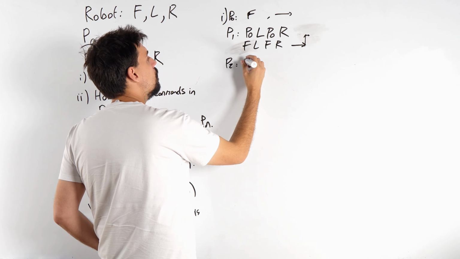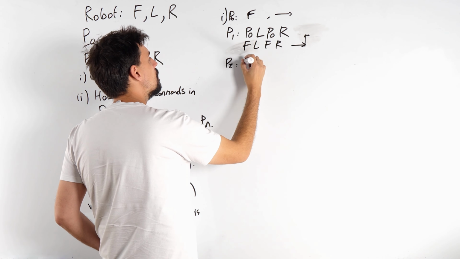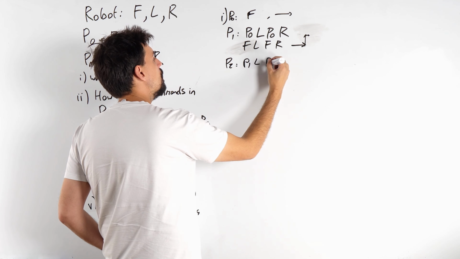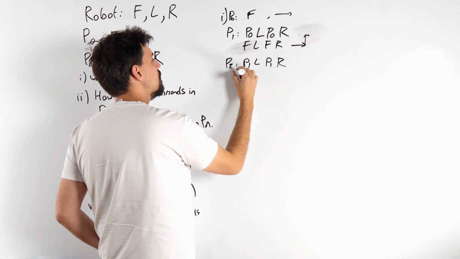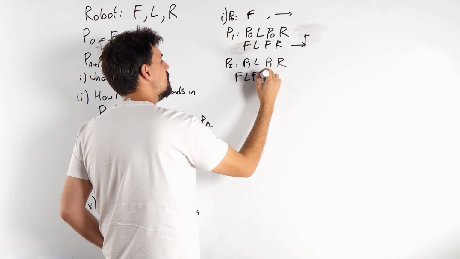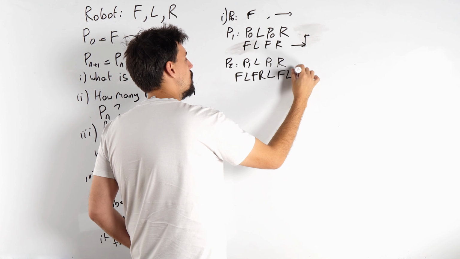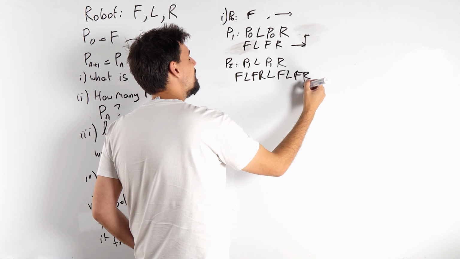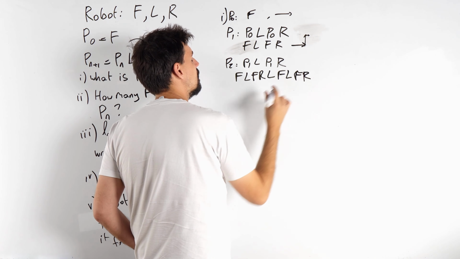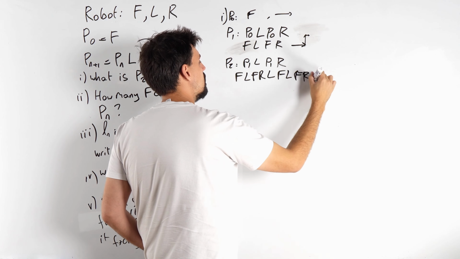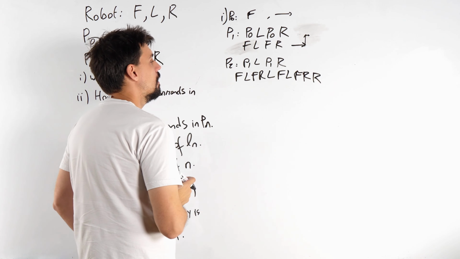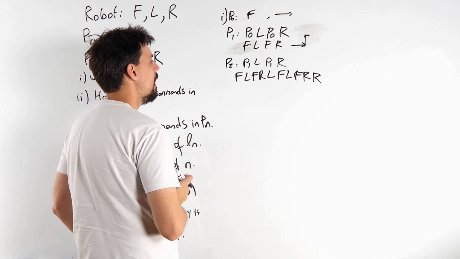P2 will be P1 left, P1 right. So P1 is forward, left, forward, right, then it turns left, then it goes forward, left, forward, right, and then it turns right. Okay?